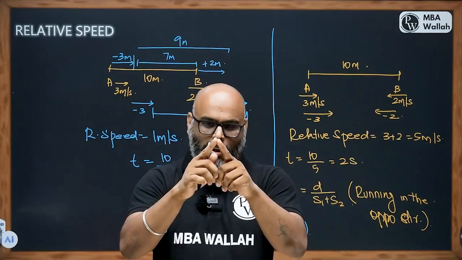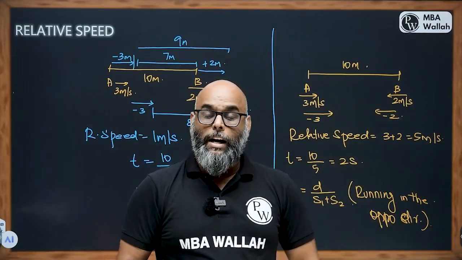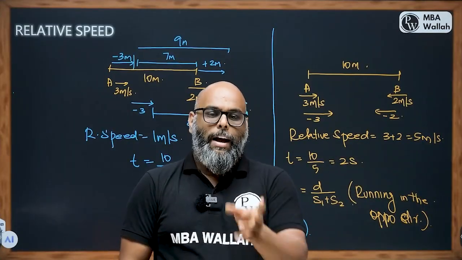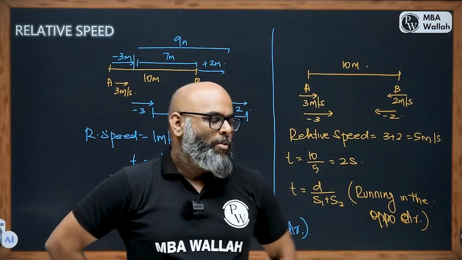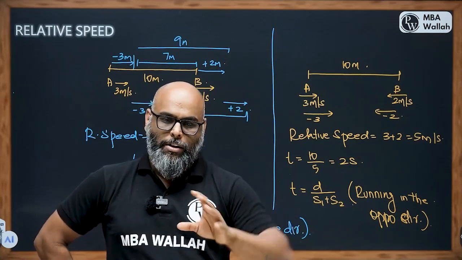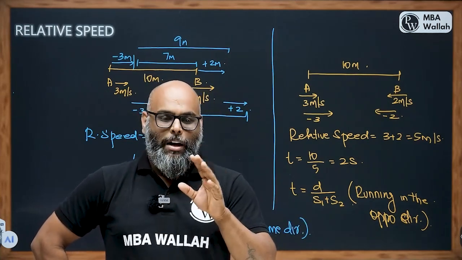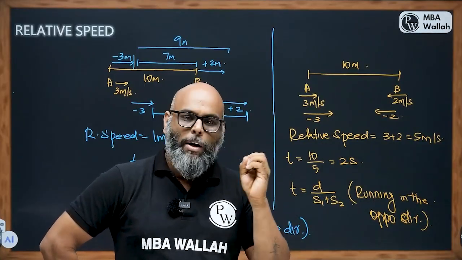If they are running in the opposite direction, you add the speeds. Chasing one after the other, running one behind the other in the same direction, you take the difference, again S1 minus S2. That's the idea that we need to understand. If we understand this, a lot of questions on relative speed gets a lot easier. This is going to be the fundamental of relative speed. Stick with this, get a proper idea about this, so that when you solve questions, you can automatically start applying those values.